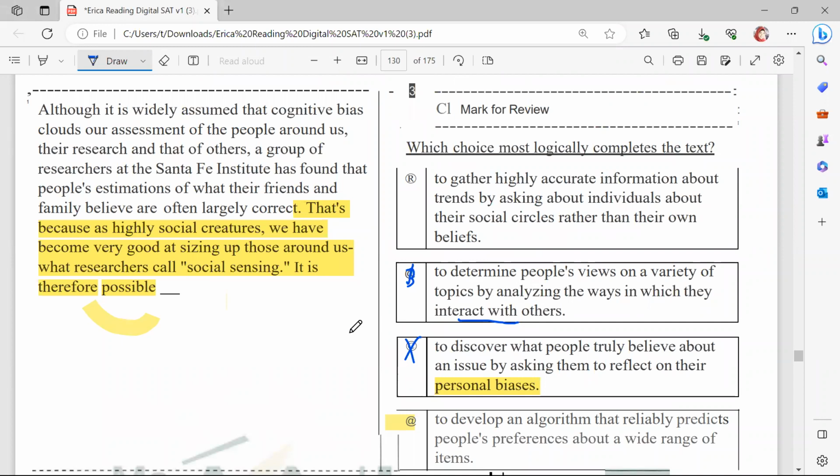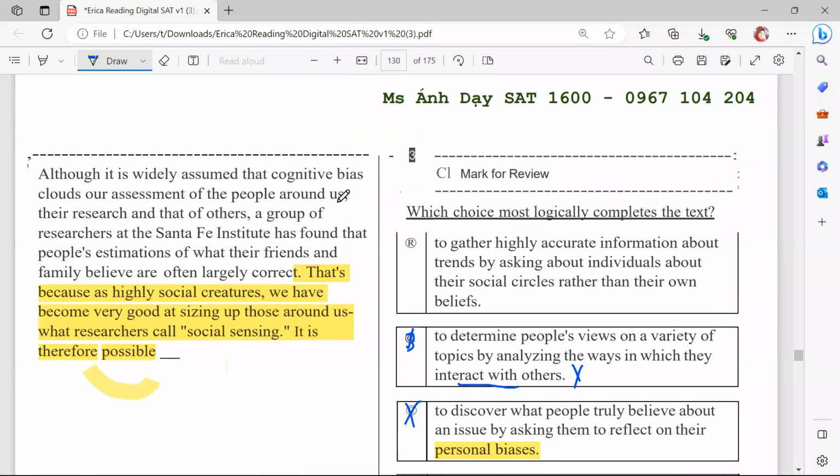No. I didn't talk about interacting with others. I didn't see that at all. So this part is totally incorrect because it's not mentioned or introduced in the text.